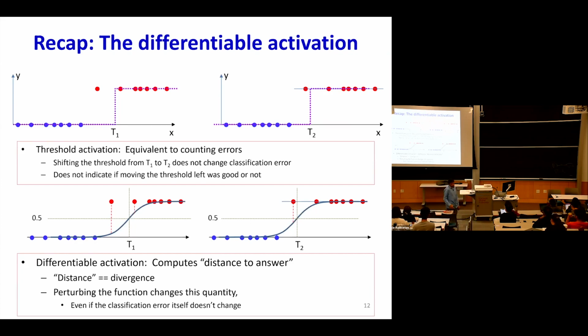So what was the reason we wanted a differentiable activation function, Prachiti? So that we could know if the distance between the activation function and the points was decreased. We wanted to know how the error changed as we modified things, right?